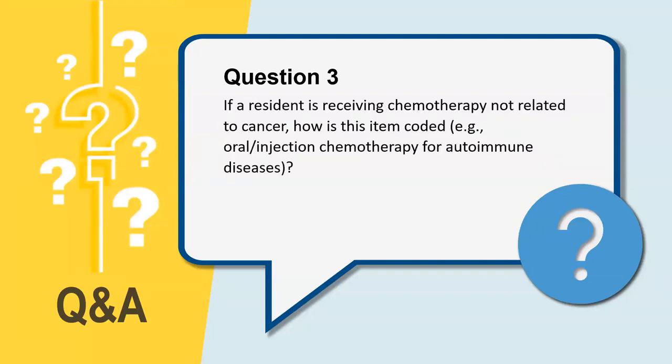Our next question, if a resident is receiving chemotherapy not related to cancer, how is this item coded? For example, oral or injection chemotherapy for autoimmune diseases.